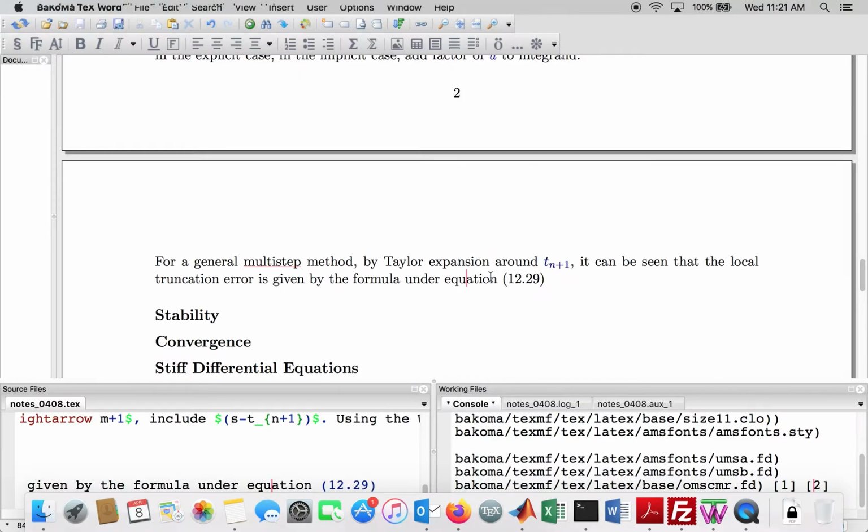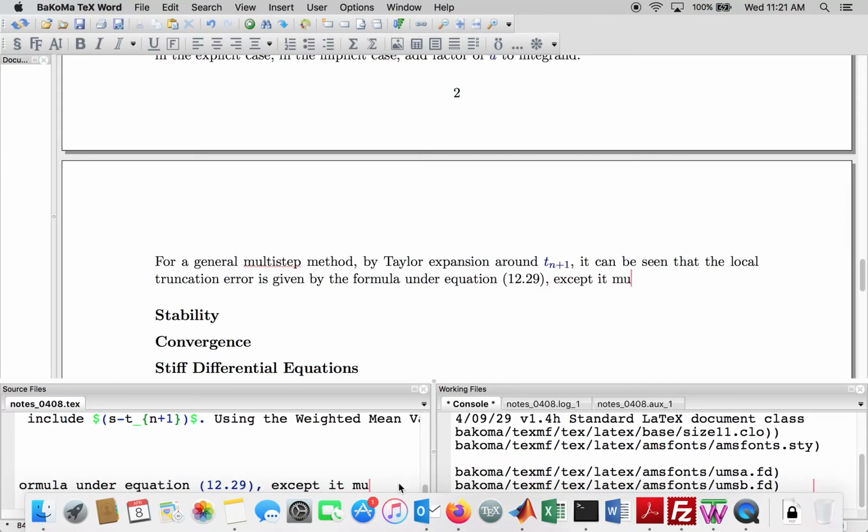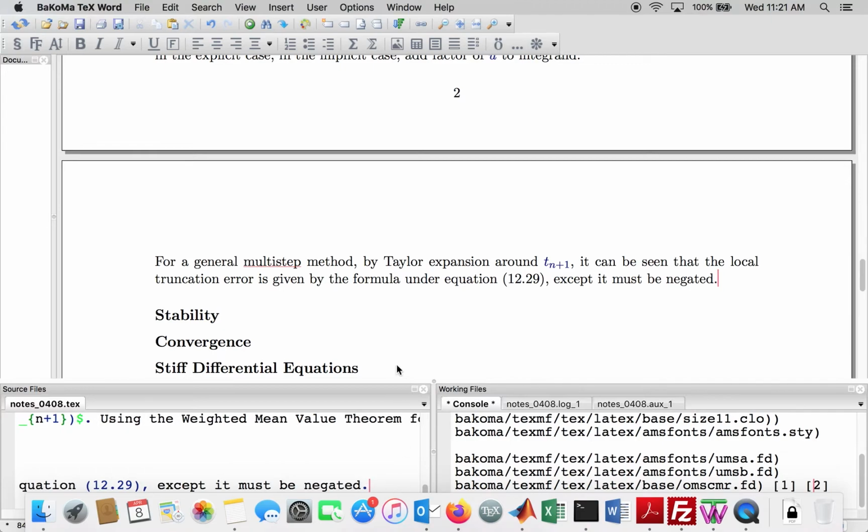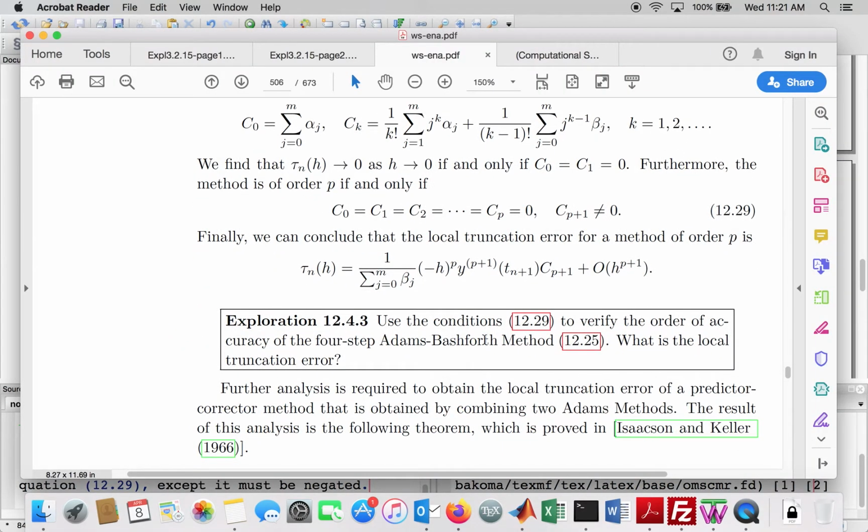Yeah, 12.29. So the one below that is this formula right here, except there's a minus sign that needs to be in there. That's something to keep in mind for this problem.